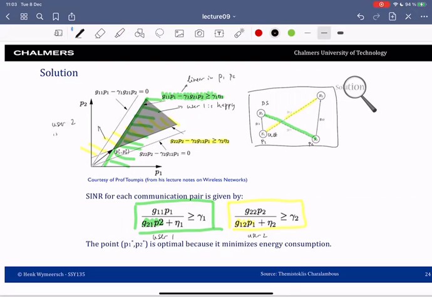Again, it is happy because it meets its SINR constraint. So in total, for user 1 and user 2 to be happy, you need to be inside of this gray box. Any value inside of this gray box, user 1 and user 2 are happy.